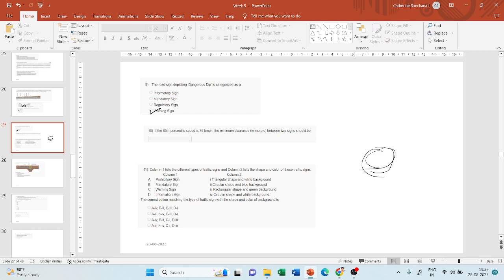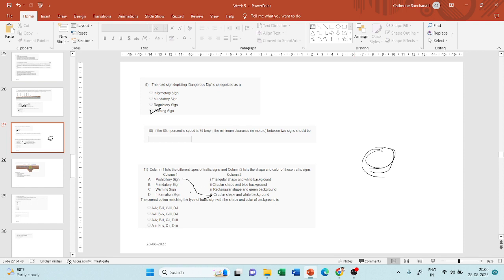So prohibitory signs come under circular shape, red border and white background.